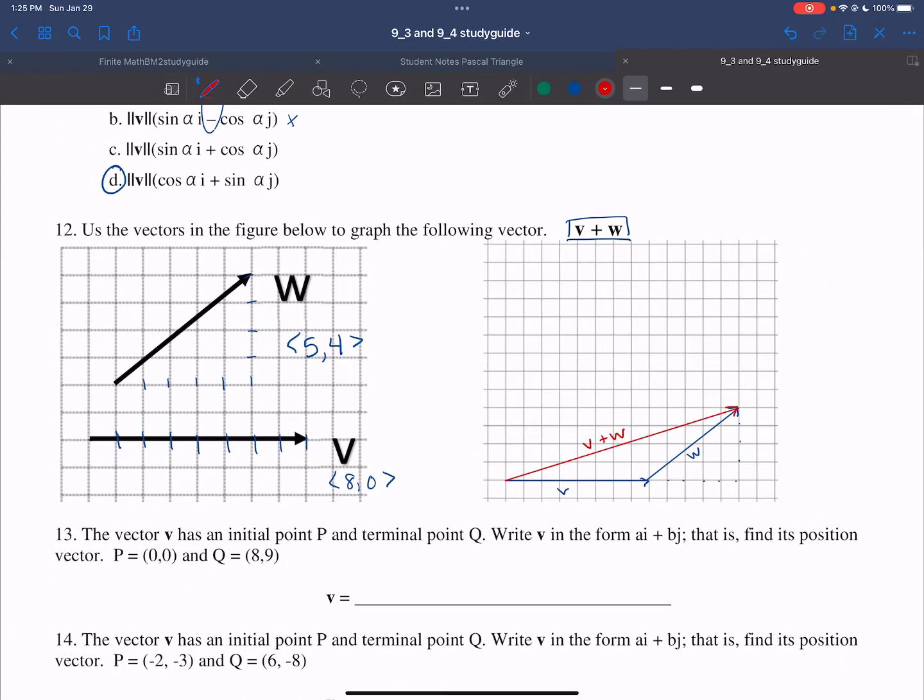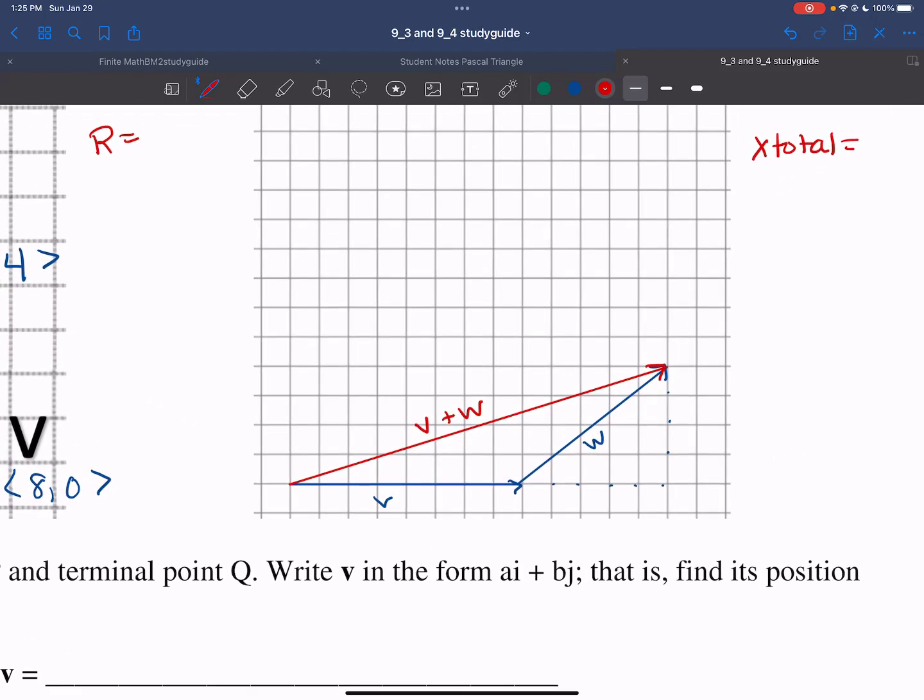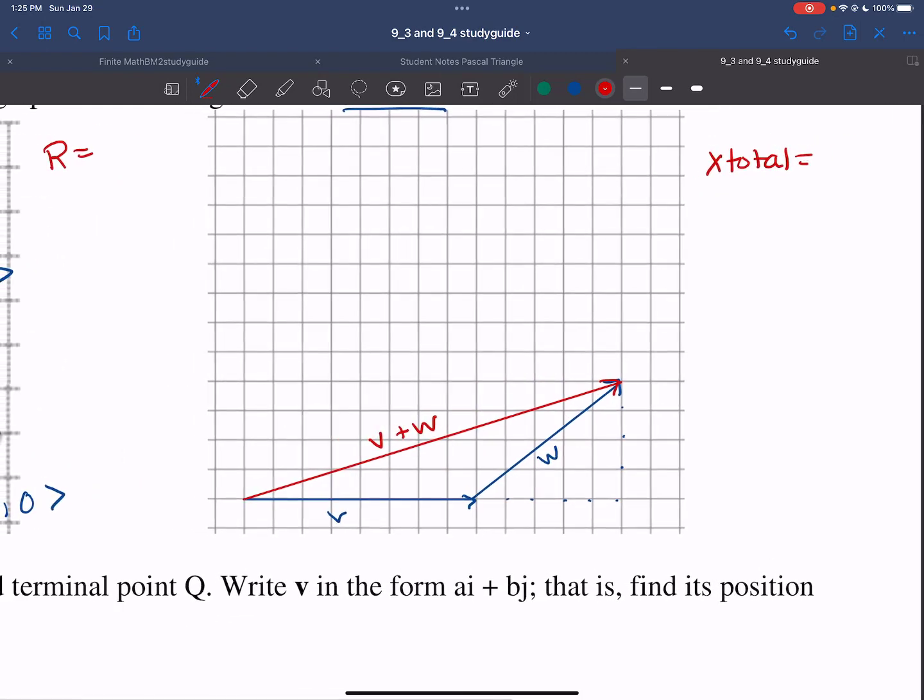If I wanted to find that value, what I would do is go ahead and add up those position vectors. So just as a quick review, my x total would be 8 plus the 5, so that would be 13.